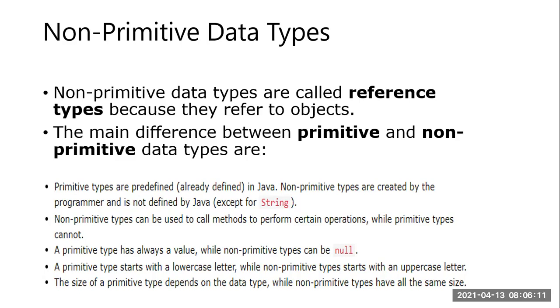Data types are of two types: primitive and non-primitive. Primitive data types are defined by Java itself, but non-primitive data types are not, except String. I think I just covered everything.